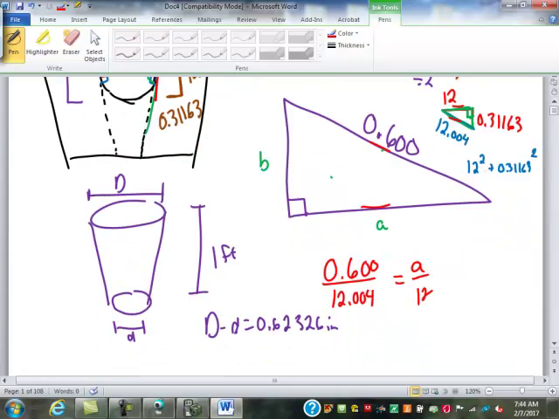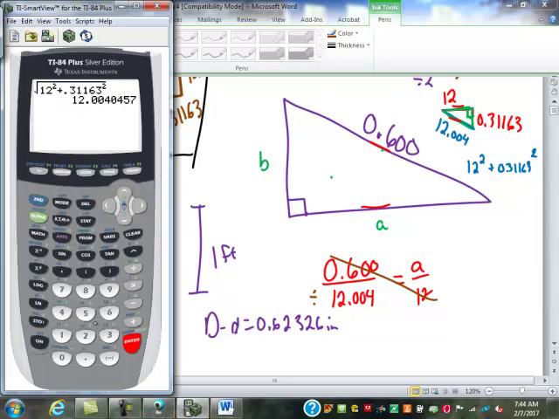So if I cross multiply and divide here, I'll find A. So I'm going to take 0.6 times 12 divided by 12.004, 0.5998.